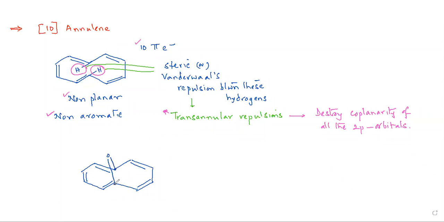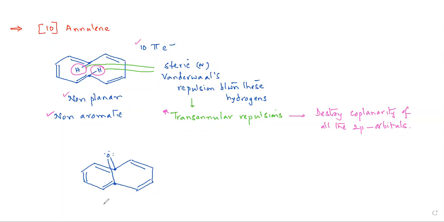Now the bridges are used up and the bridge is taken outside. The transannular positions, look at these two positions. These transannular positions are now bridged using an atom. Now this actually makes it planar.